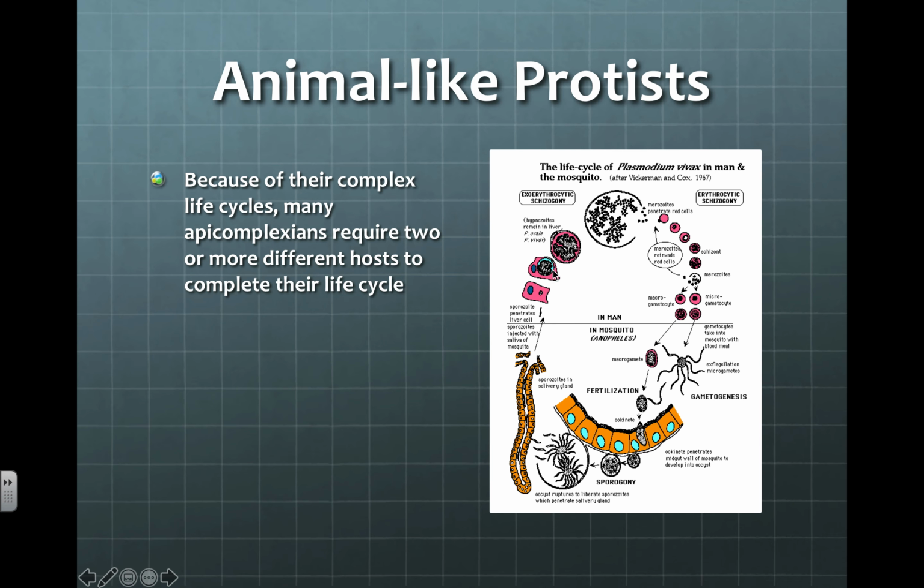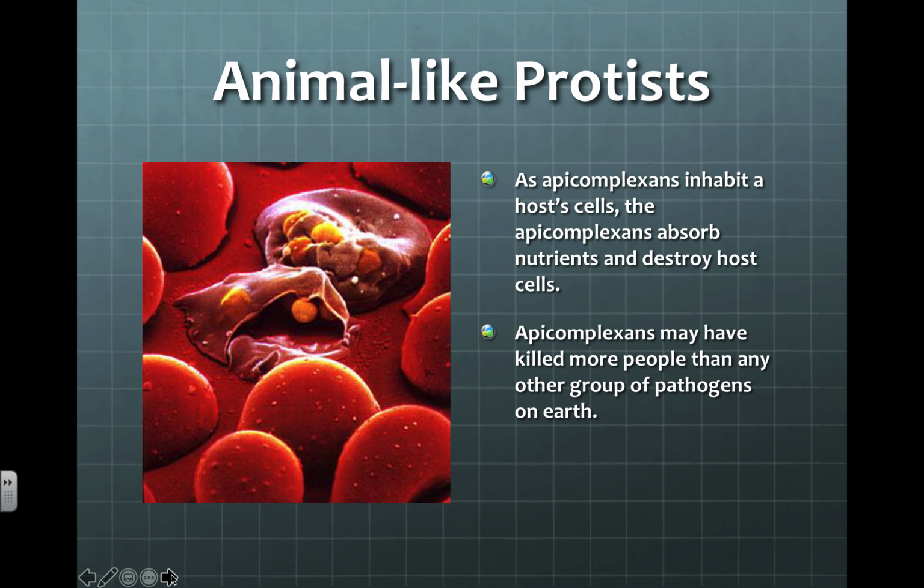And then what happens is it reproduces in the liver, and then it's going to leave and it's going to go into the red blood cell. When it's in the red blood cell, it's actually in the form of a merozoite because the merozoites are the babies. And then it's going to repeat its cycle every 24 to 48 hours.